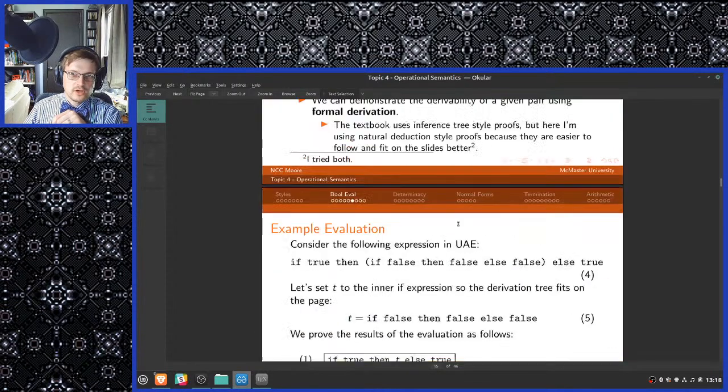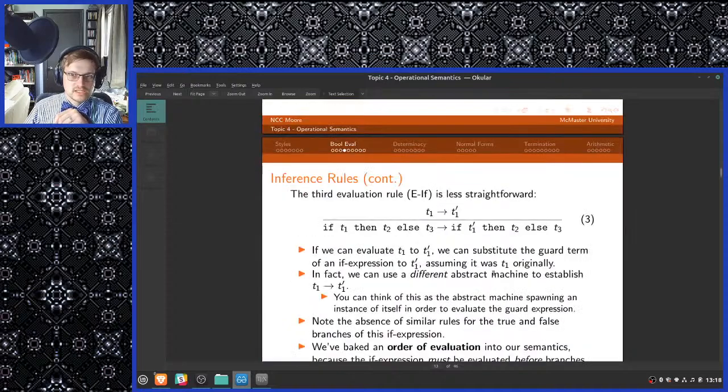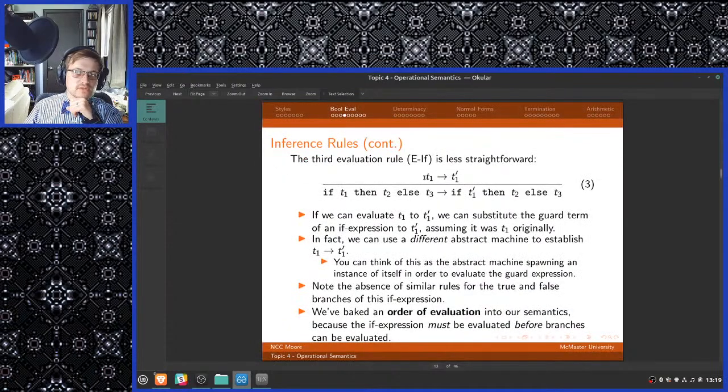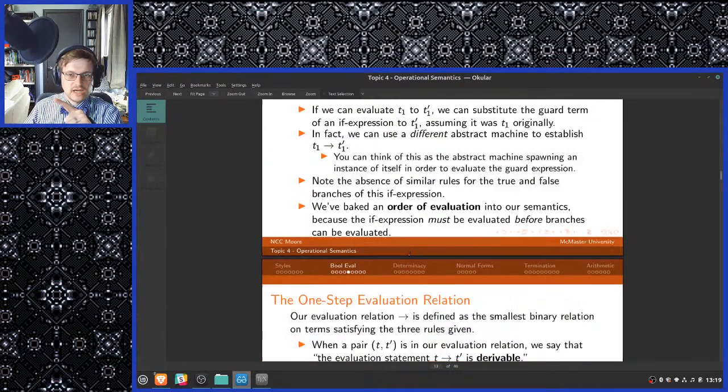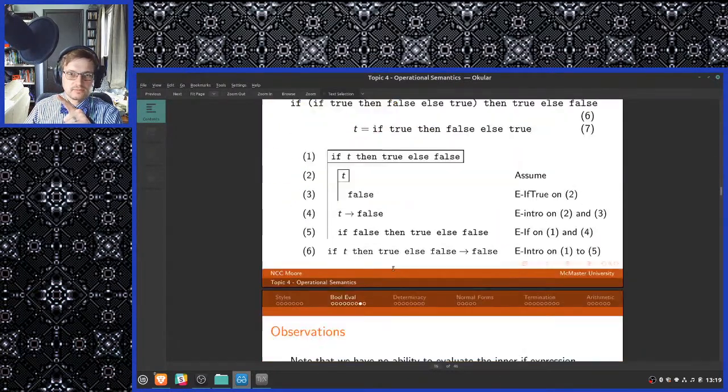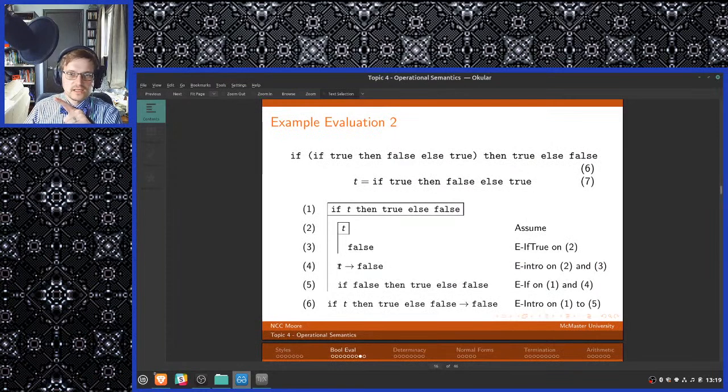So if you recall our E-if rule, if we have T1 evaluating to T1 prime, then we can perform a substitution in if T1, then if T1 prime. Here, we have established that T evaluates to false. So we can replace the T here with the false, because we have a rule that allows us to do that. You can't do anything if you don't have a rule that allows you to do it.